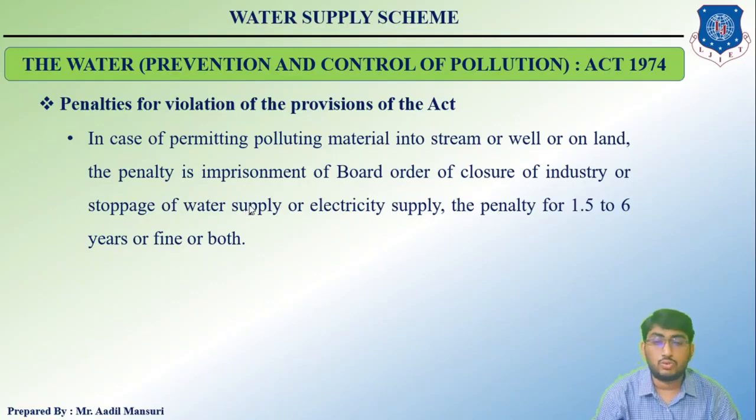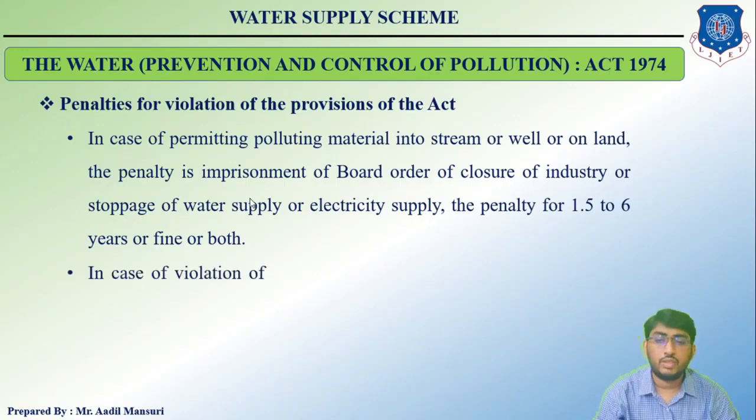So if you are allowing your wastewater to discharge into a stream or well or on land, then the different penalties that the board will impose include closure of industry, that is, it will order to shut down the industry, or stop the water connection, or stop the power supply, or imprisonment of 1.5 to 6 years or both, or even a fine.